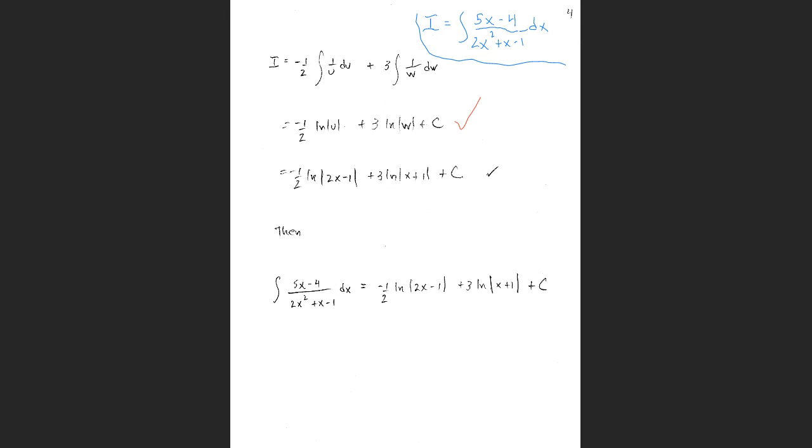So for our final answer, we have to put, well, u was equal to 2x minus 1, and w was equal to x plus 1. So we've got to put those back in.